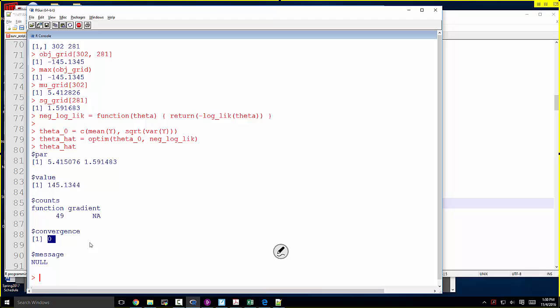So be aware whenever you use some kind of numerical algorithm like this, there's no guarantee that it worked. You want to look at some summary of its performance to indicate did it converge or not. If it didn't converge, then don't trust the results. Convergence equals 0 is indicative of no problems, if you look at the help file.